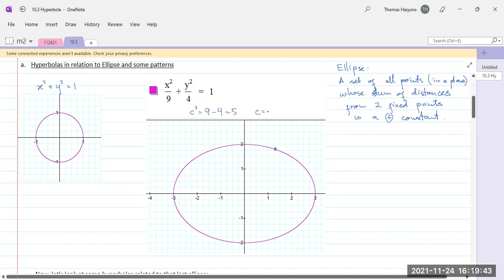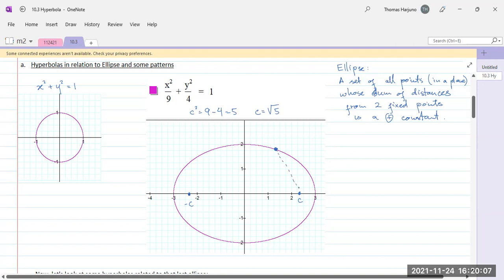So c is square root of 5. The major axis is the x-axis, so square root of 5 is approximately 2 point something. Let's say it's here. That's one focus, and that's the other focus.